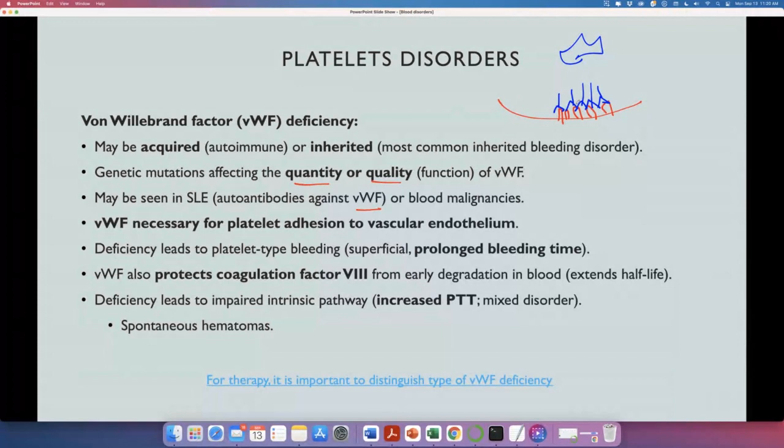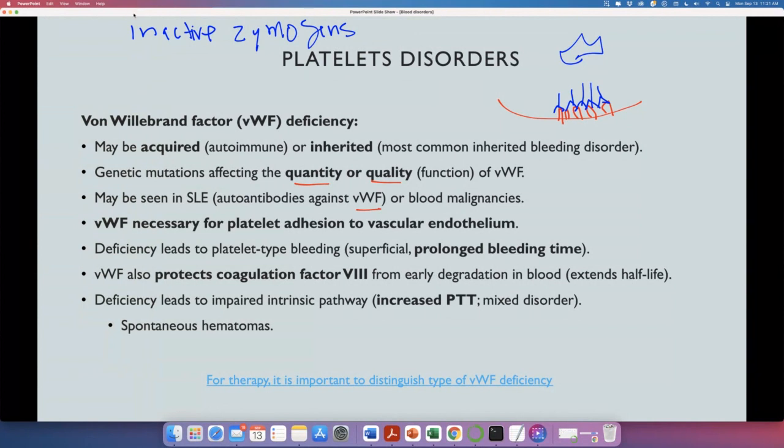Now, we have to understand another function of Bombiligram factor. That's not the only one. When we make the coagulation factors, they circulate as inactive zymogens, and then they have to be activated by the cascade.